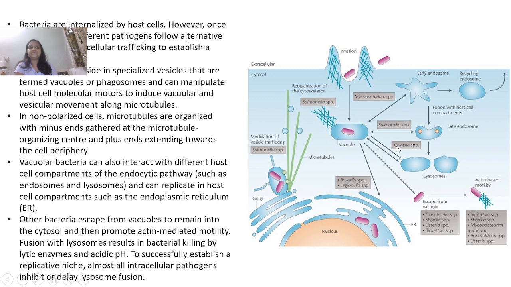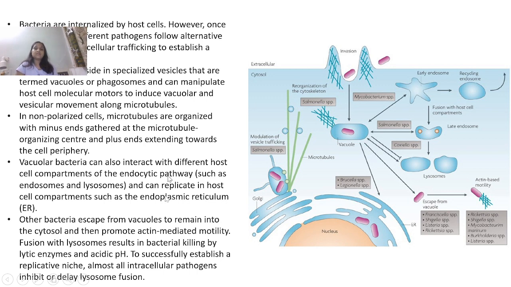For example, there are certain bacteria which can reside in specialized vesicles that are termed vacuoles or phagosomes and can manipulate the host cell molecular motors to induce vacuolar and vesicular movement along microtubules. Here you can see the example includes Salmonella. What is Salmonella doing?